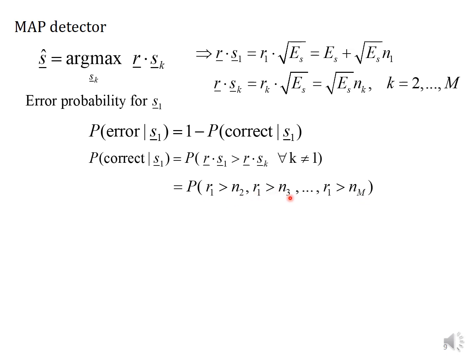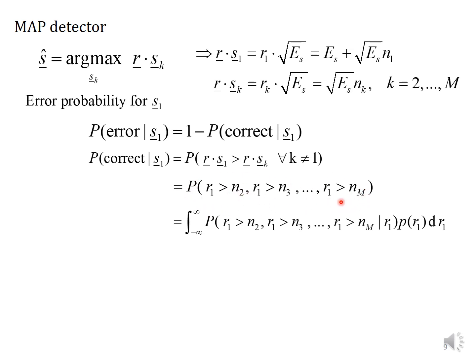So all these conditions have to be satisfied at the same time. Then we have a correct detection, right? So what would be the probability of all these events?